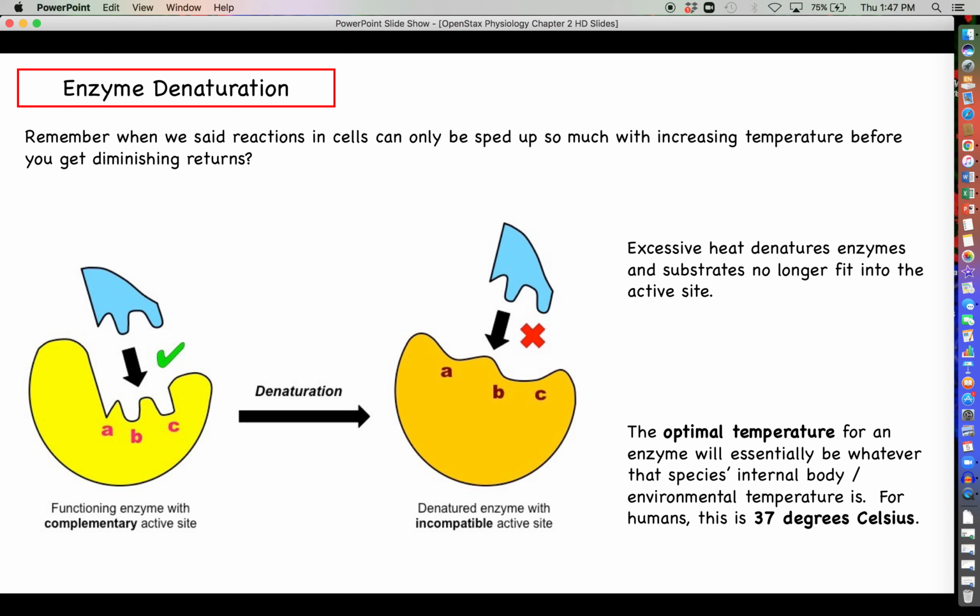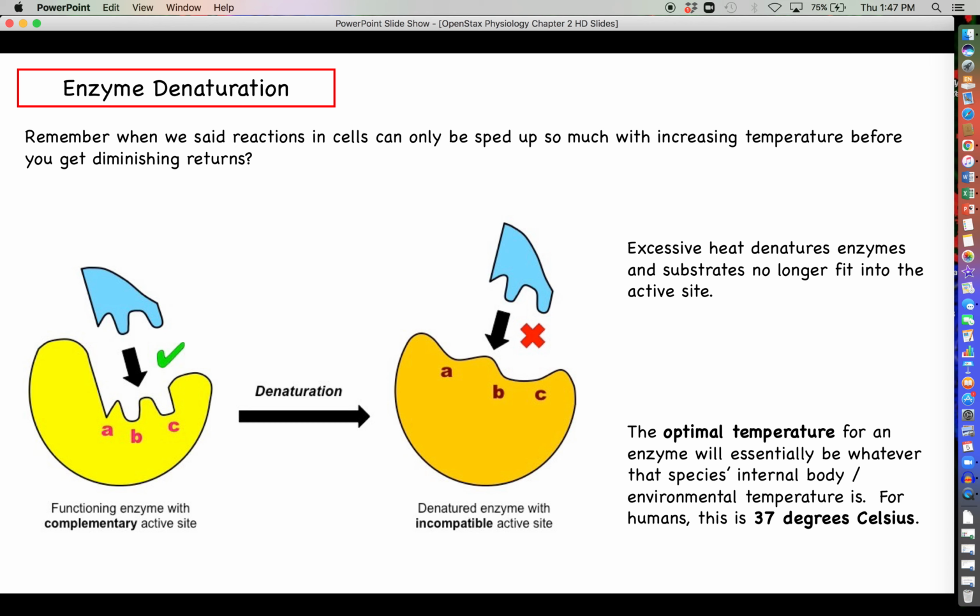So this should make you aware that every organism has what you would call an optimal temperature. This optimal temperature is where the speed and rate of chemical reactions is at peak efficiency.